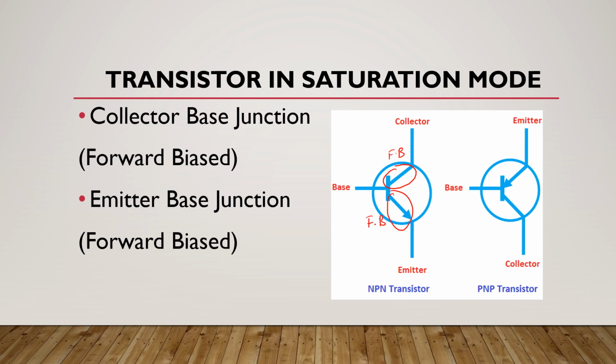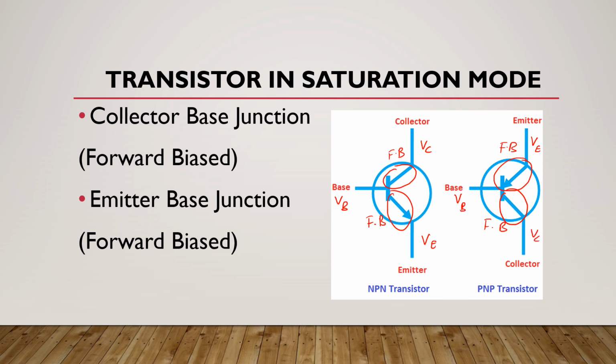Similarly, in a PNP transistor, this emitter base junction is forward biased and this collector base junction is also forward biased in saturation mode. Now here we know that the voltage is VC, here the voltage is VB, here the voltage is VE, and here the voltage is VE, here the voltage is VB, and here we have VC.